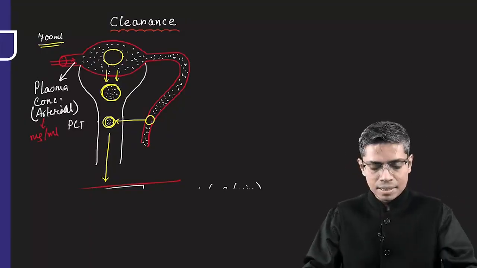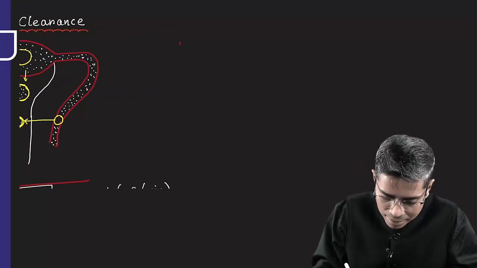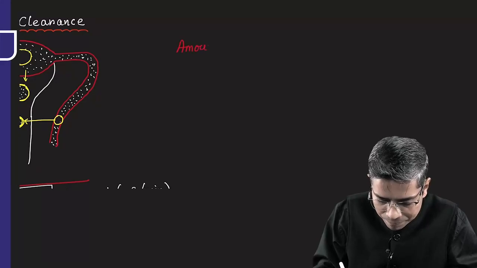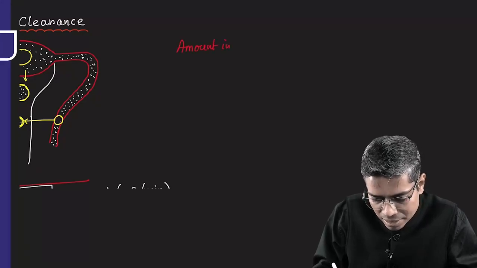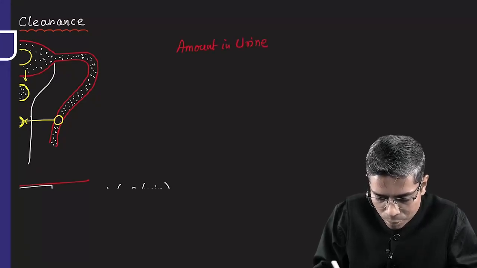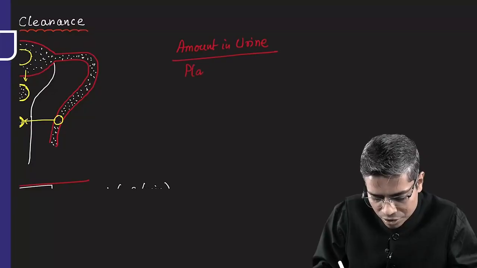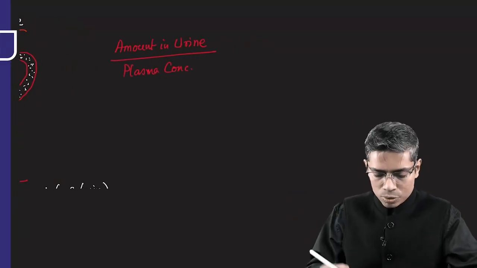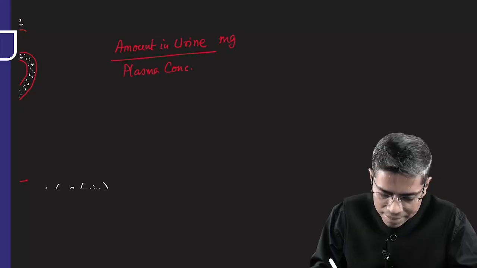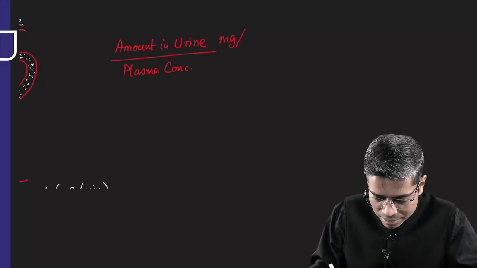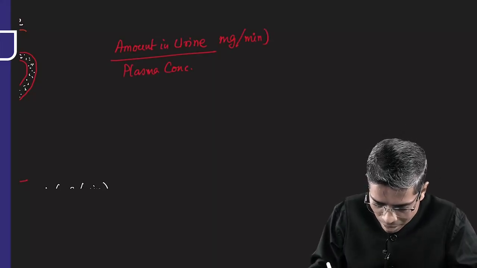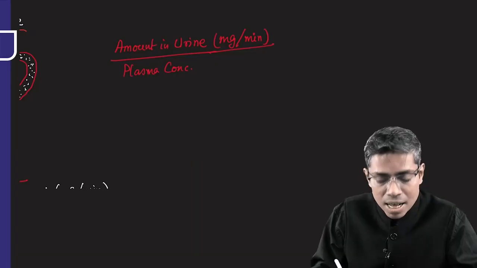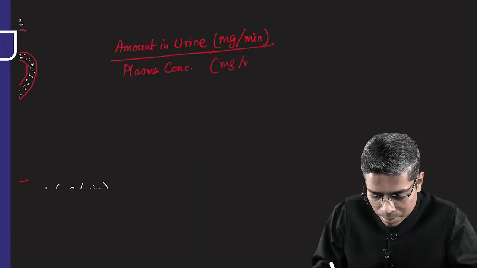Now, if I divide the amount of creatinine which is present in urine by the plasma concentration of creatinine, what I am doing here is dividing the amount, that is milligram per minute, by the plasma concentration, that is milligram per ml.